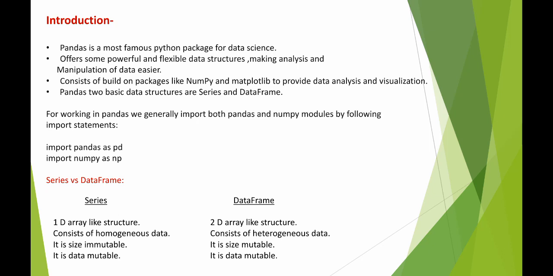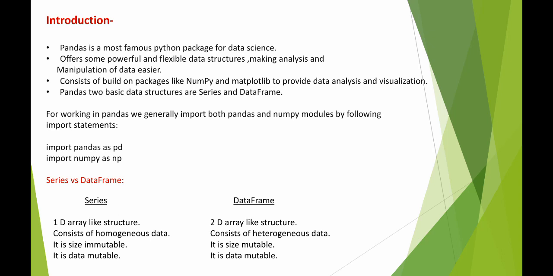Whereas the data frame is size mutable. If you have created a data frame once, you can change the size of the total structure. Suppose it has 3 columns and 2 rows, you can modify it to 2 columns and 3 rows, or 3 rows and 4 columns, whatever the condition may require.